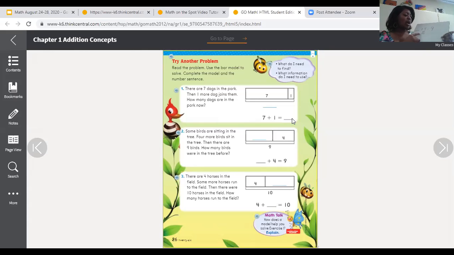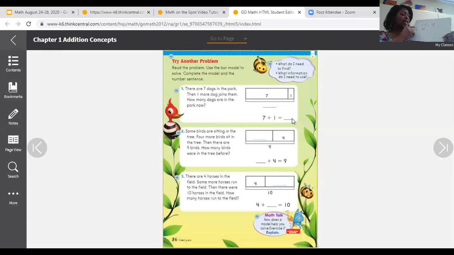So I need to figure out how many birds were sitting there before. So that's 4. And I'm going to draw some circles on this side. And I'm going to stop when I get to 9. So I already have 4, and I'm going to keep counting. 5, 6, 7, 8, 9. So I've gotten to 9.